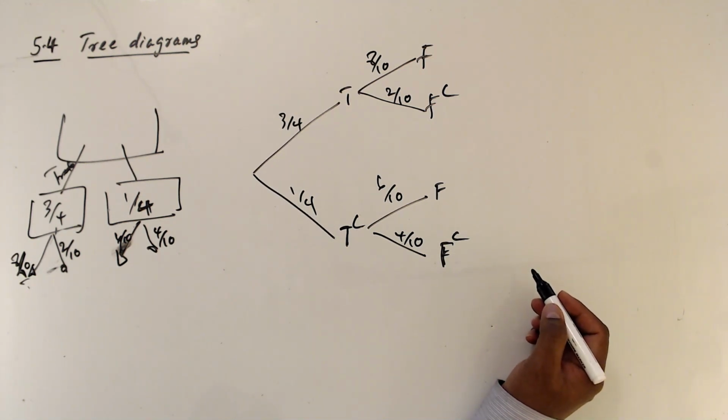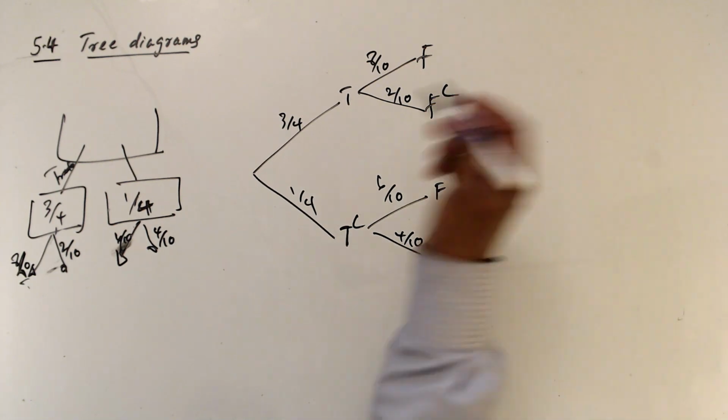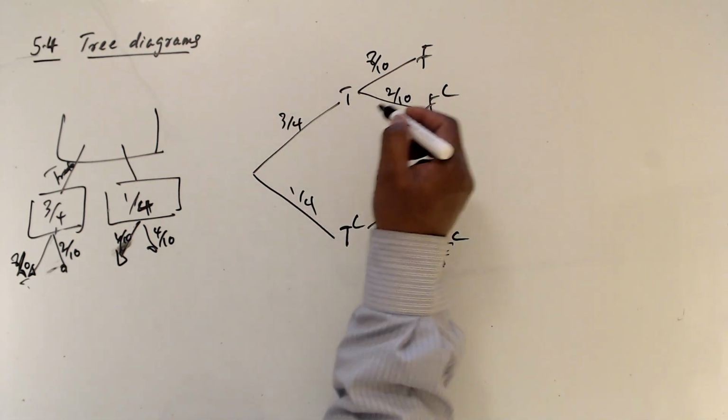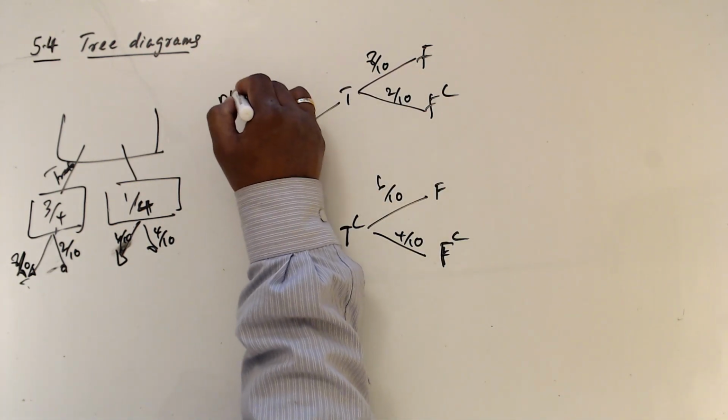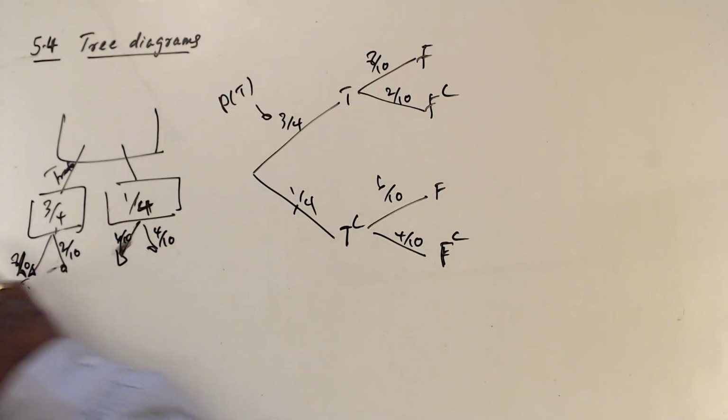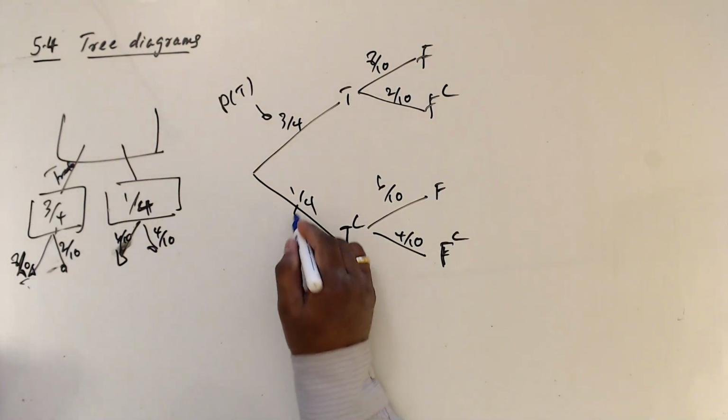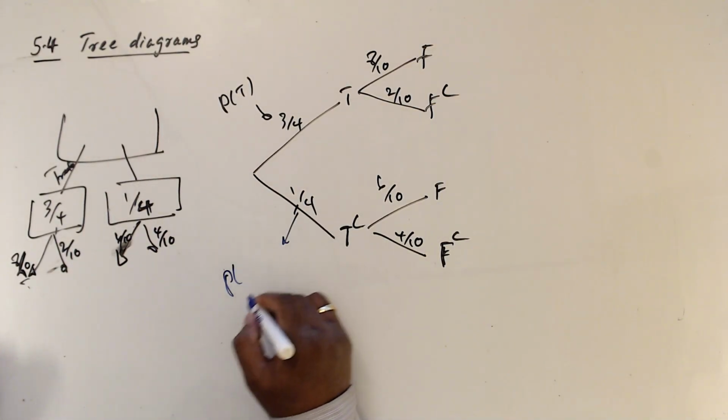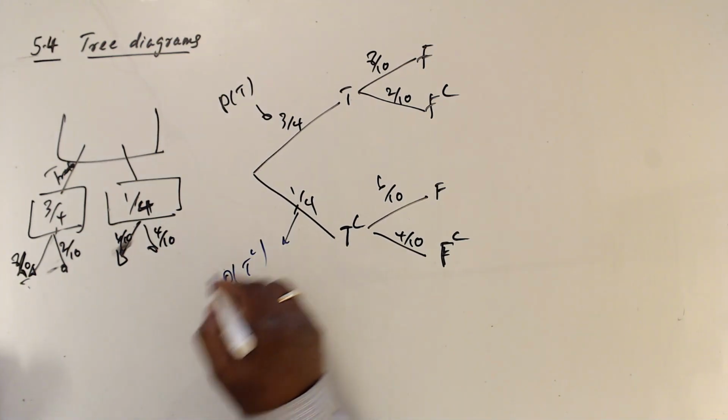So now this is the probability of T. This is the probability of T complement.